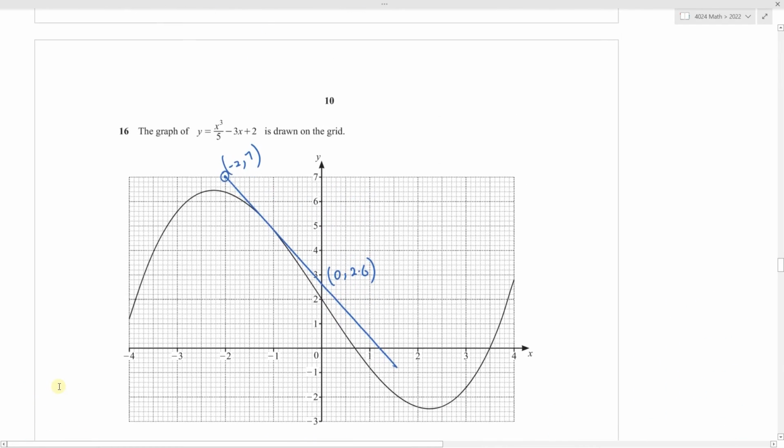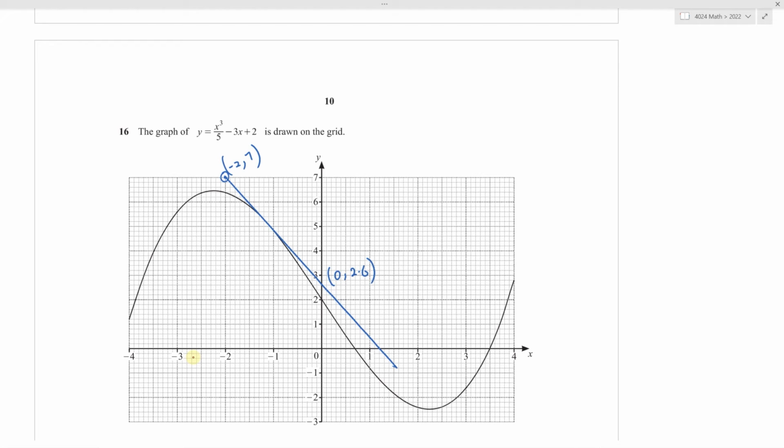So let's draw y equals 2 here. y equals 2 will be this line. It intersects at 3 points.